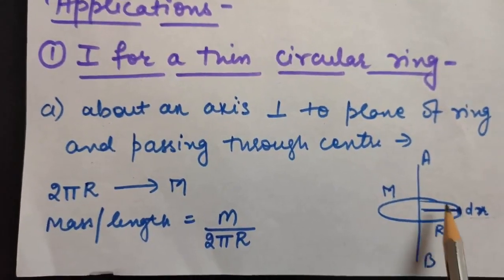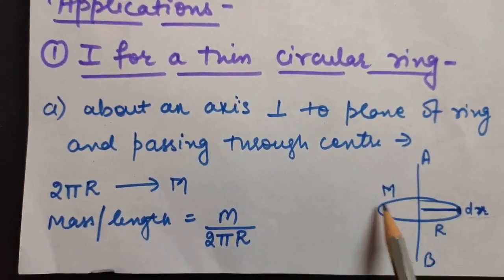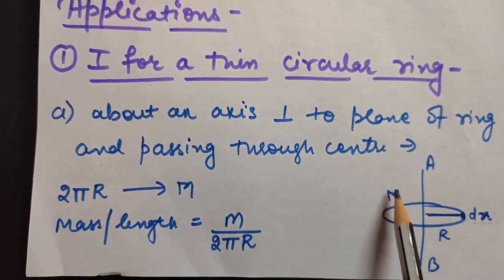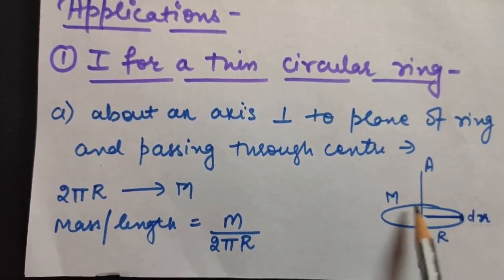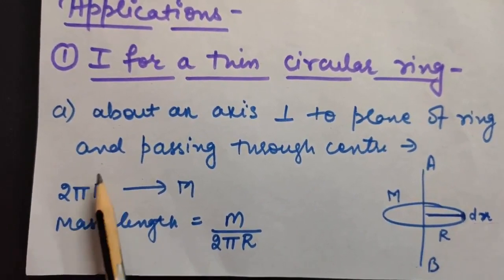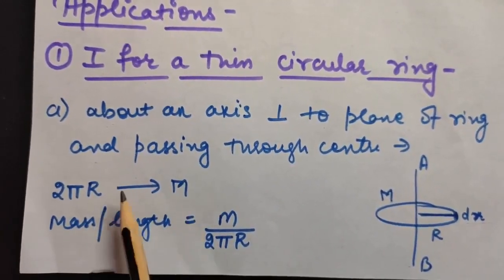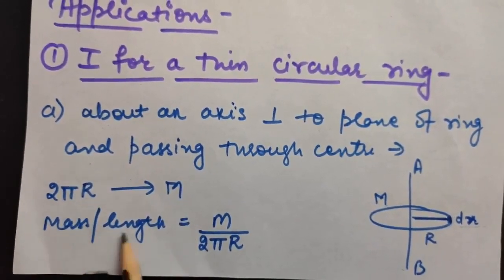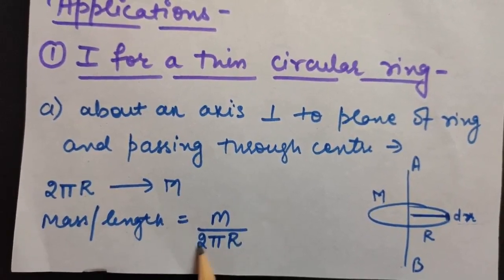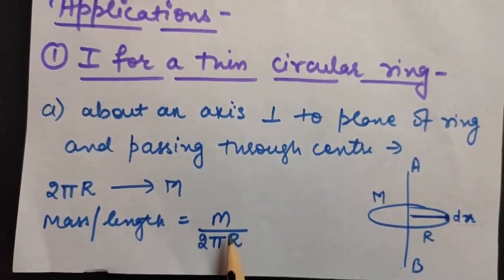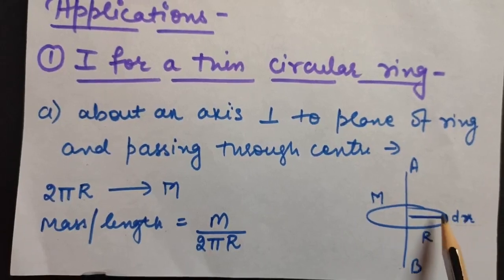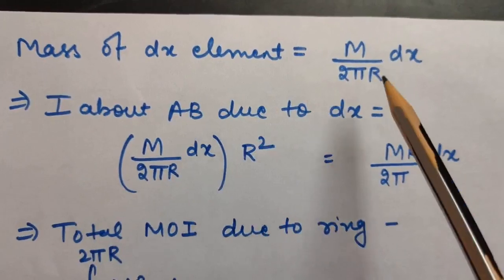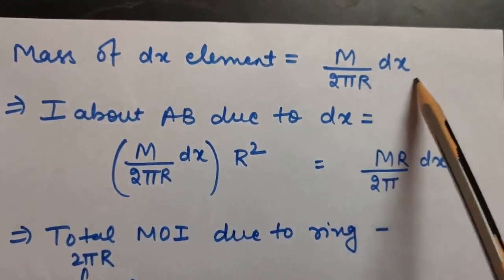Suppose the mass of this ring is M. From here you can say the mass M is for 2 pi R length, because circumference would be 2 pi R. So from here mass per unit length will come to be M upon 2 pi R. So this is the mass of unit length. Now you can easily calculate mass of dx length. So mass of dx element will be mass per unit length into dx.